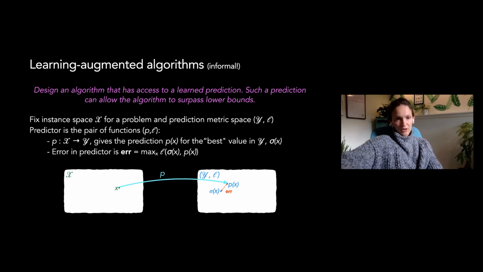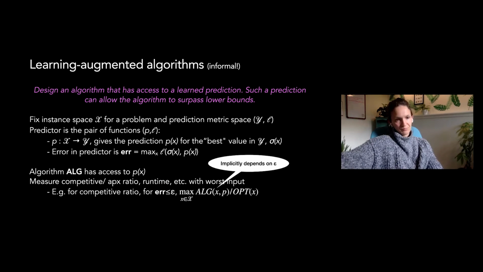Okay, so great. We talked about our instance space and predictions, but I haven't said anything about the algorithm part of it. So what is the algorithm? How is the algorithm going to use these predictions? Our algorithm, ALG, is going to have access to that quantity P of X, so to that predicted quantity, for instance X. And now you can take whatever metric you're working with, competitive ratio, whatever.